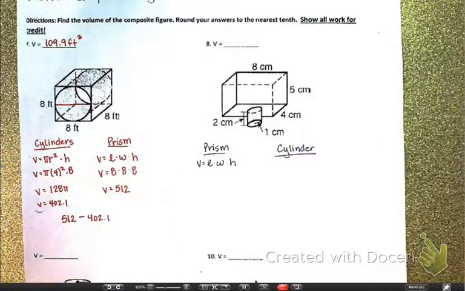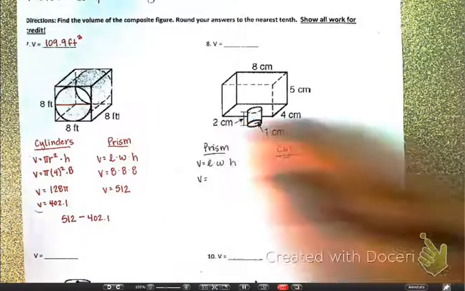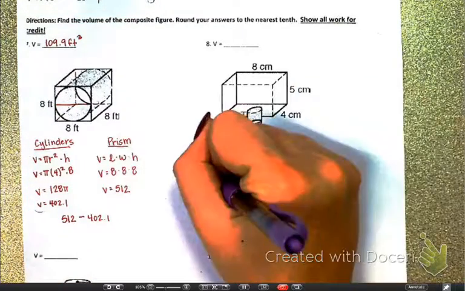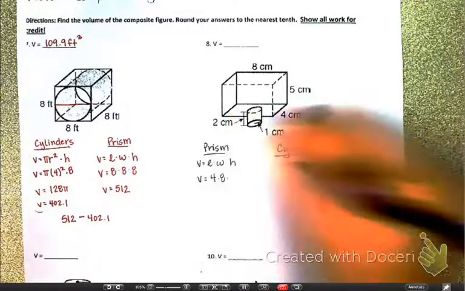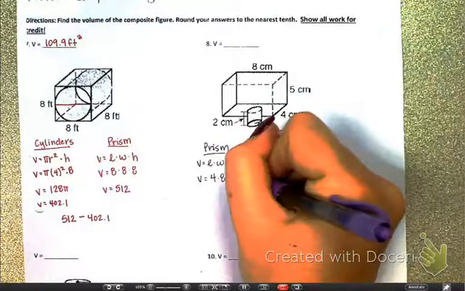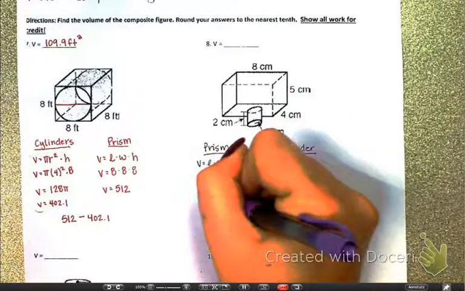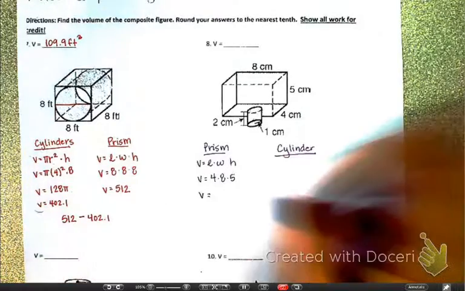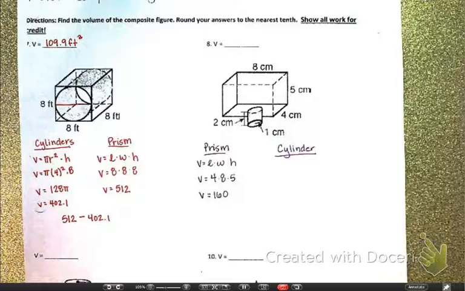What are the numbers I'm going to use? So what's my length and width? 4 and 8. And my height? 5. 4 times 8 times 5. You should get 160.